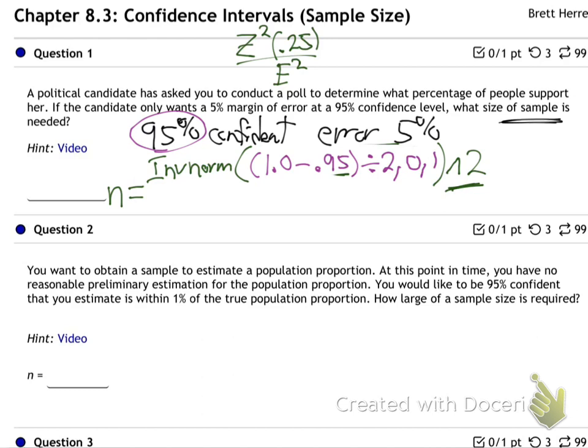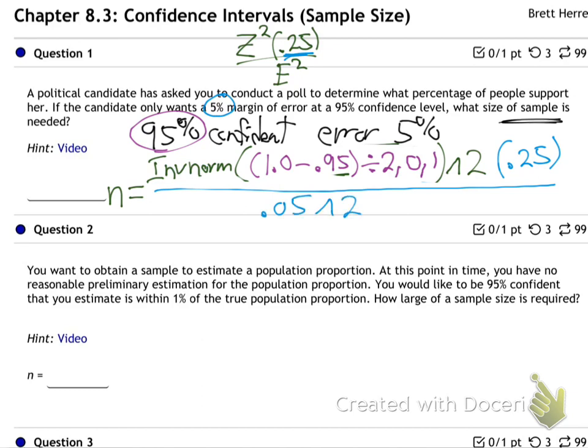So we got the Z squared. And then next comes the 0.25. All over, you can just go divided by, or all over, whatever. The error squared. And what's the error? Well, they told us right there. They want a 5% margin of error. So that would be 0.05. Got to change that to decimal too. Got to change all those percentages to decimal. That's 5% squared, right? The error is squared on the bottom.